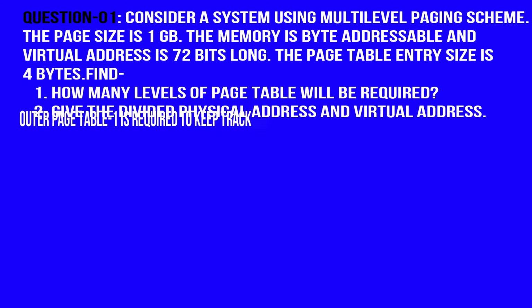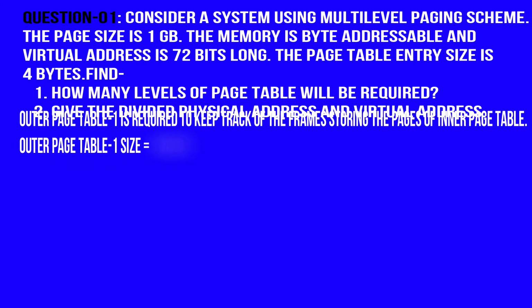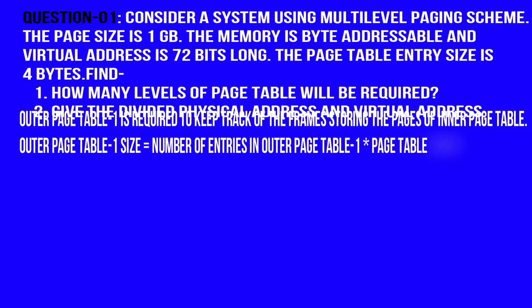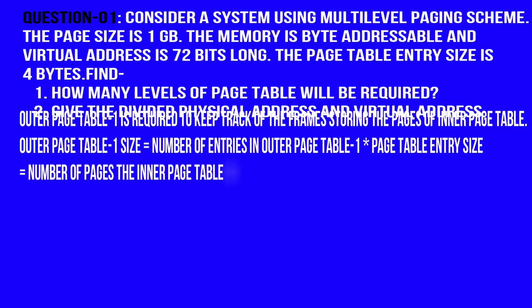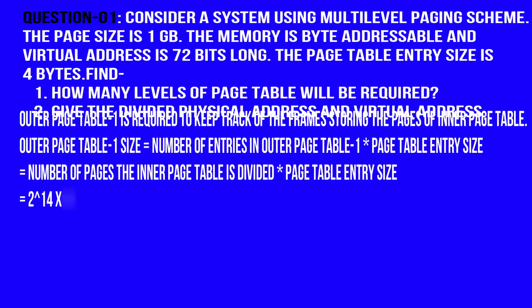Outer page table is required to keep track of the frames storing the pages of inner page table. So outer page table size equals number of entries in outer page table times page table entry size, which equals number of pages the inner page table is divided into times page table entry size.